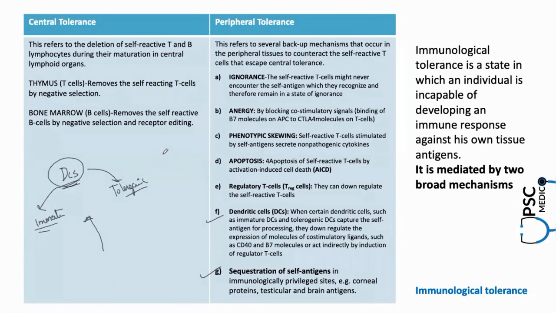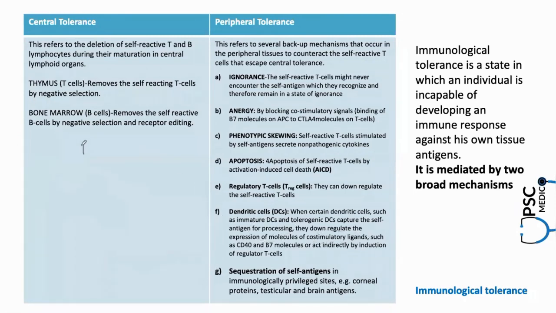They capture the self antigen, and after capturing, they process it and downregulate the expression of the co-stimulatory ligands. We already discussed co-stimulatory ligands. One is B7 and the other one is CD40. Or they also help in production of the regulatory cells.